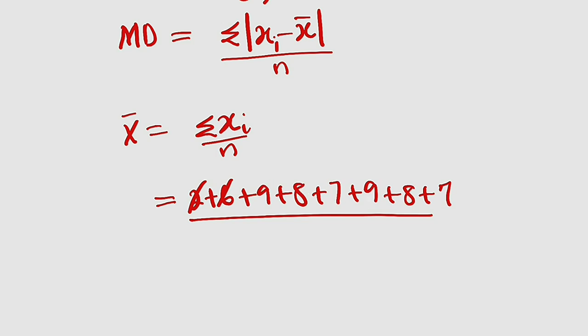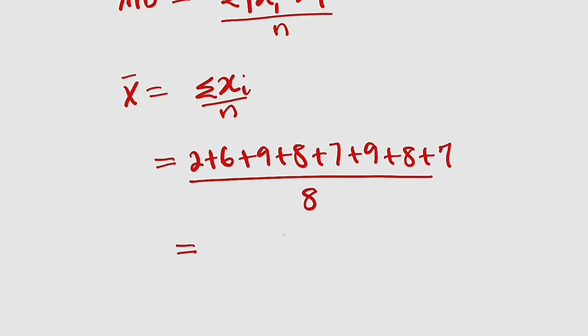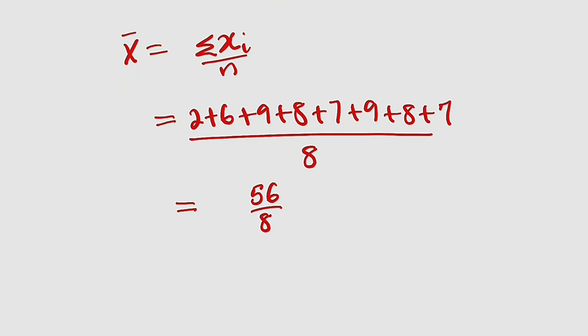They are 8 in number. Divide by 8. And if you add all of these numbers together, you're going to get 56. If you divide 56 by 8, you're going to get 7 exactly. So therefore, x bar is equal to 7.